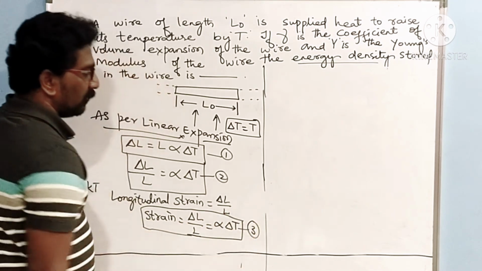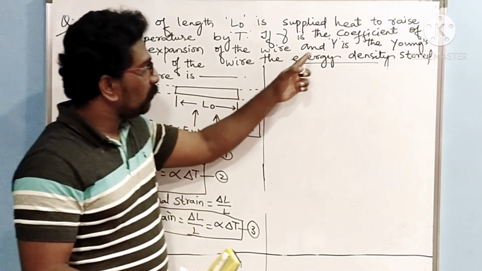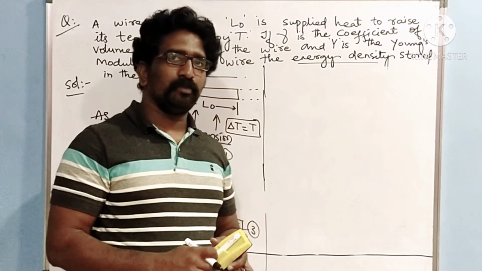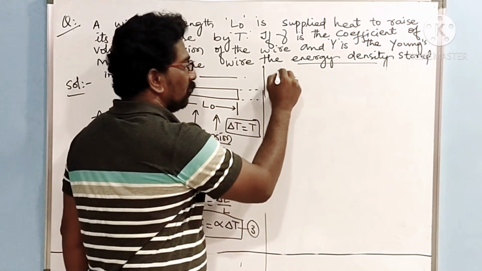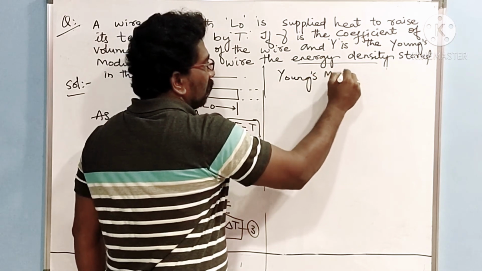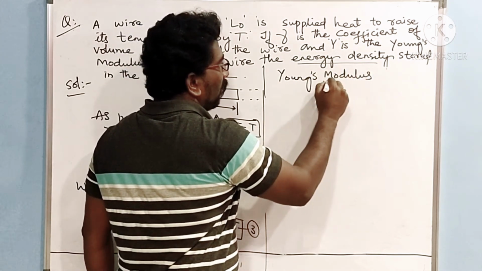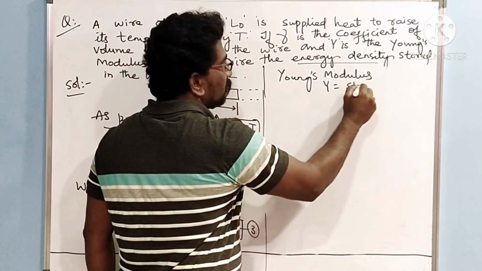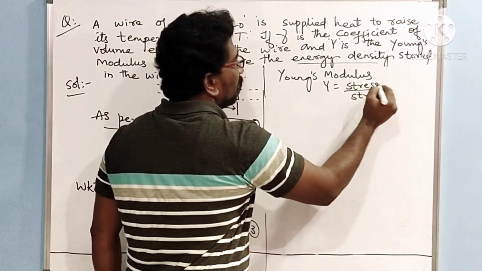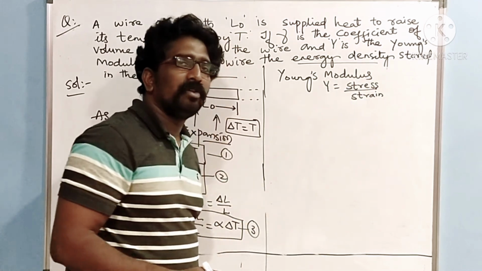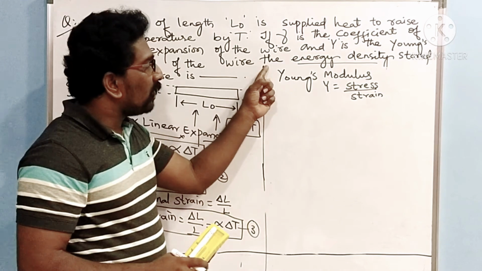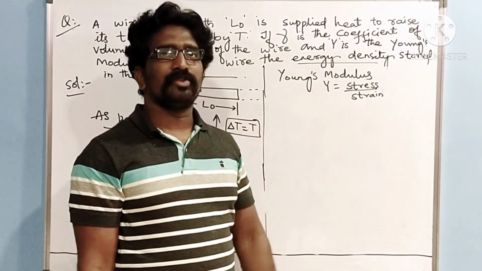Since in this numerical, the Young's modulus of the wire has been given, we know the formula for the Young's modulus. Y is equal to stress over strain. And from this we are supposed to find the stress. Why are we supposed to find the stress? Because we are asked to find the energy density stored in the wire.